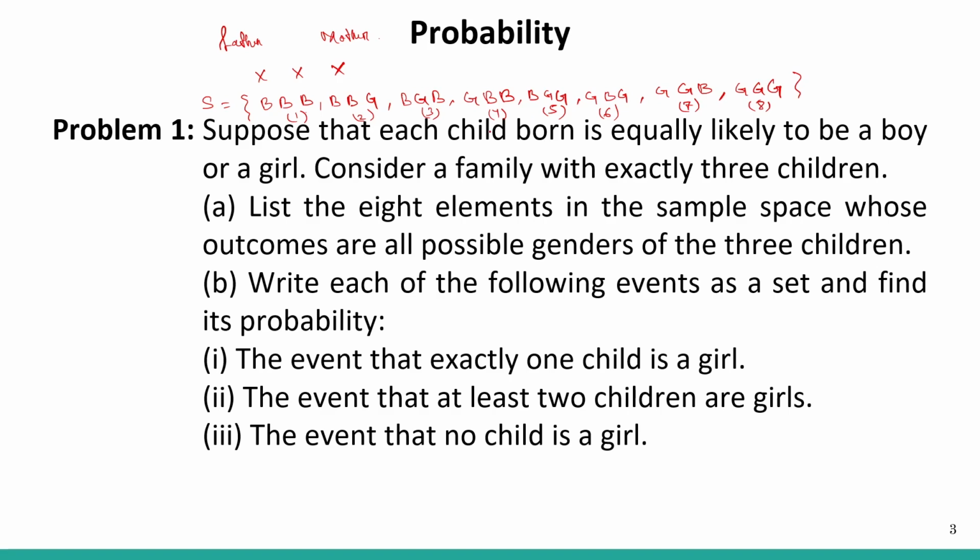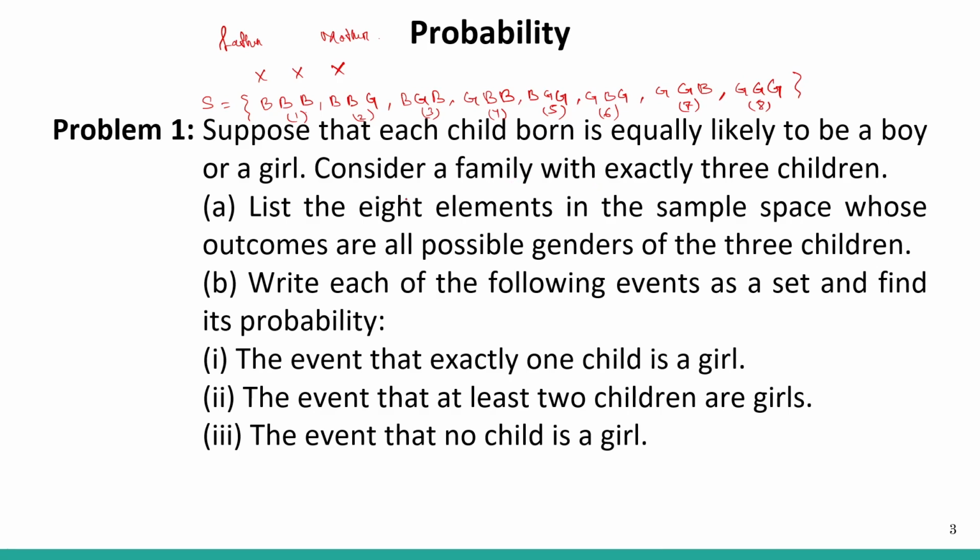As you can see, we have a sample space with 8 elements. The elements are as follows: BBB, BBG, BGB, GBB, BGG, GBG, GGB, and GGG. These are the sample space elements.